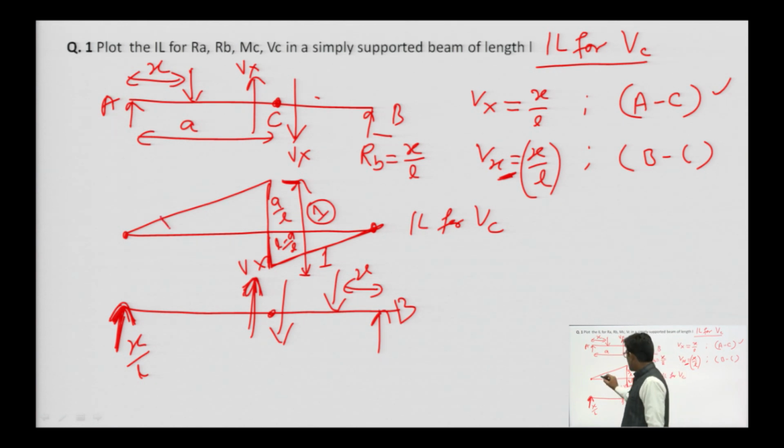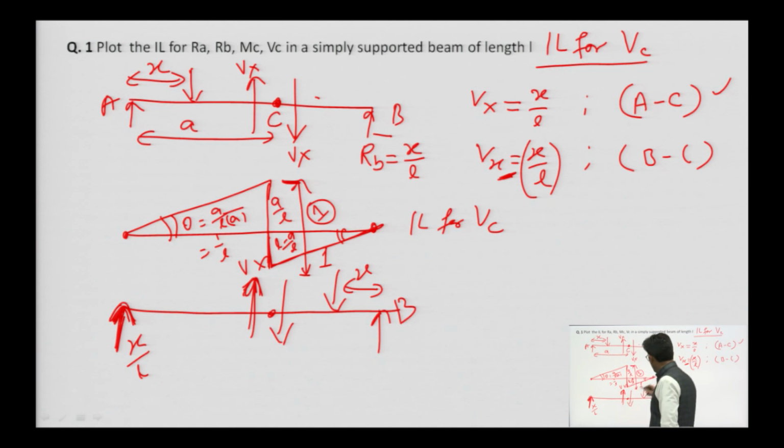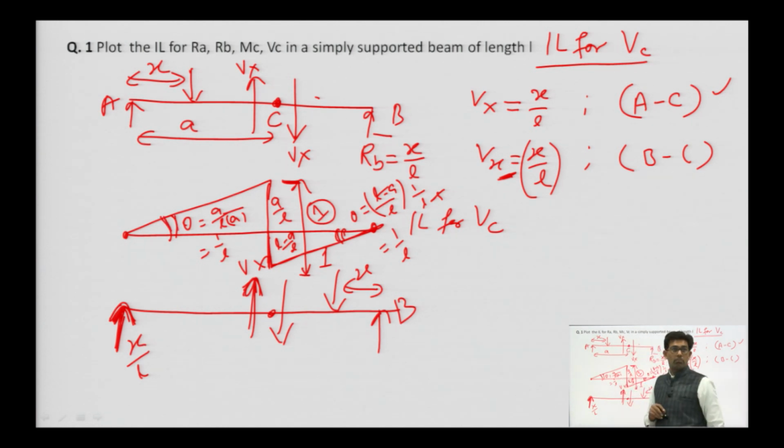If we calculate the slope, the slope is a upon L divided by this distance a, so we are getting 1 upon L. For the other slope, we calculate L minus a by L divided by L minus a, so we get 1 upon L. Both slopes are the same, which means these two lines are parallel with each other.